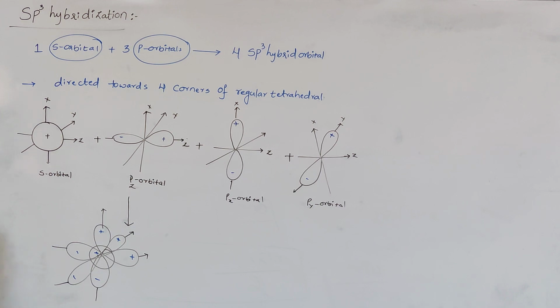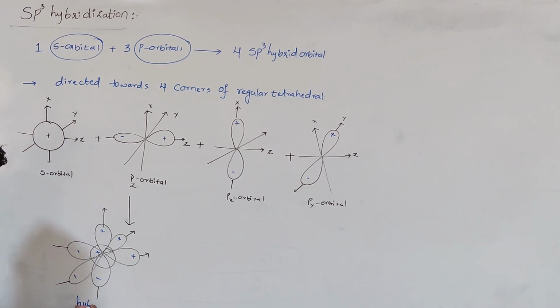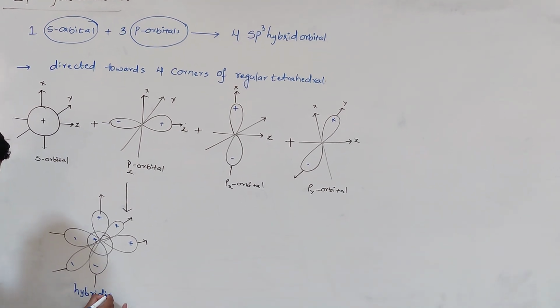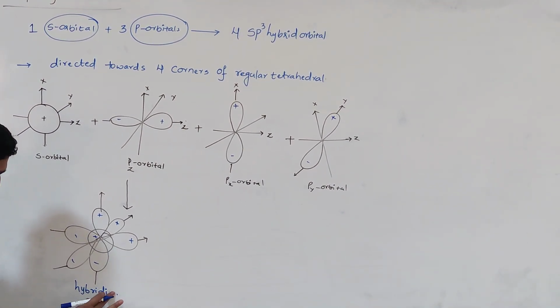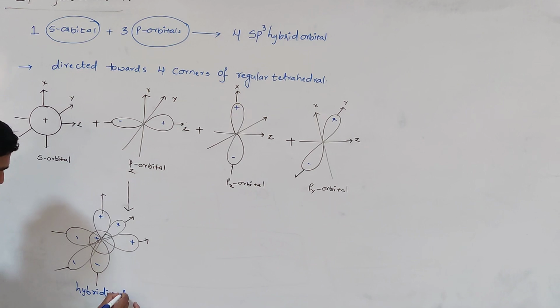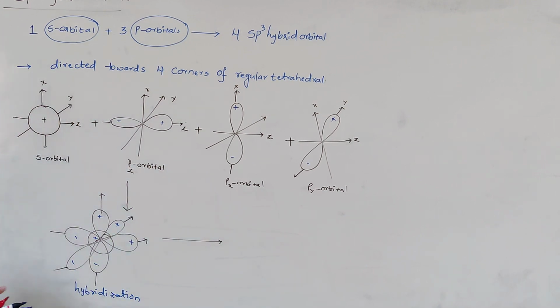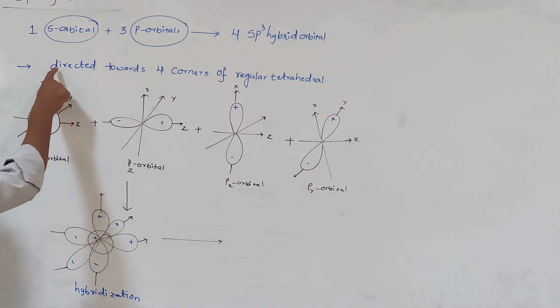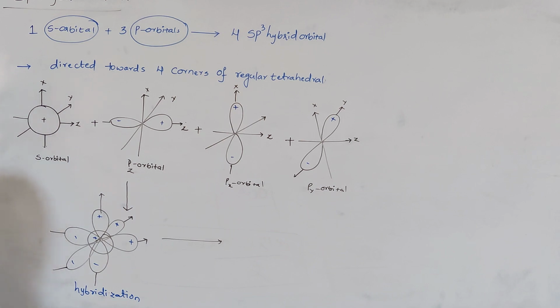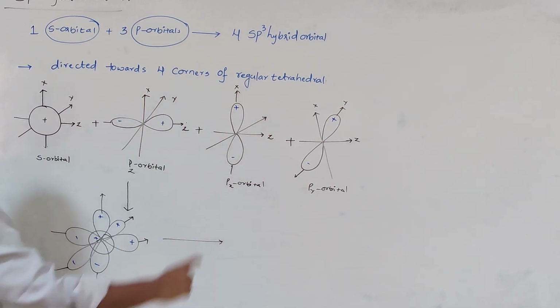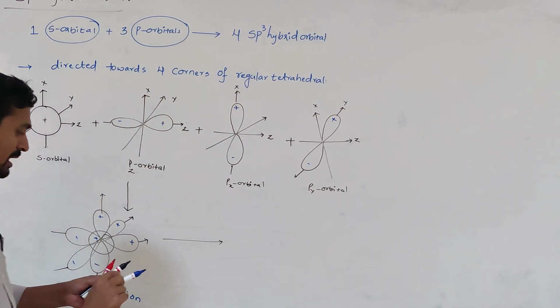This is called hybridization. Hybridization gives 4 sp3 hybrid orbitals. These 4 sp3 hybrid orbitals are directed towards the 4 corners of the regular tetrahedron.